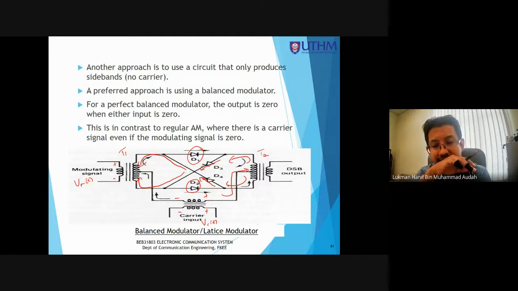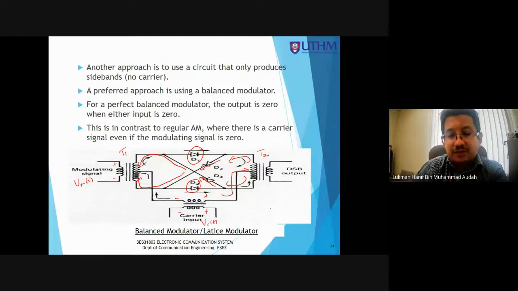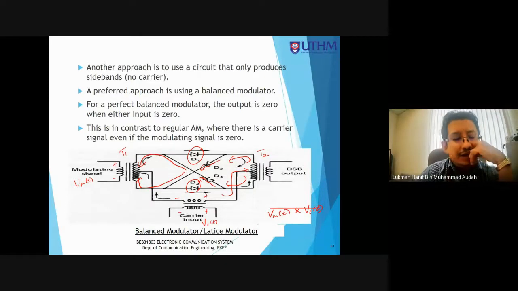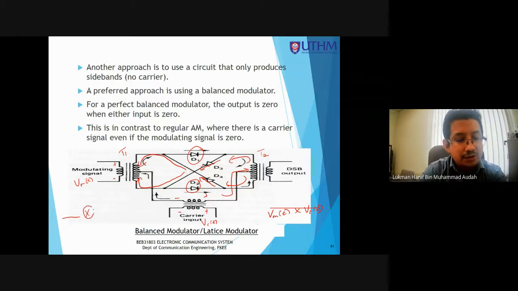Nanti you akan lihat bahawa sebenarnya circuit ini melakukan proses darab antara VMT dan juga VCT. Dan circuit ini kalau kita buat dalam bentuk block diagram, dia boleh digambarkan seperti ini.